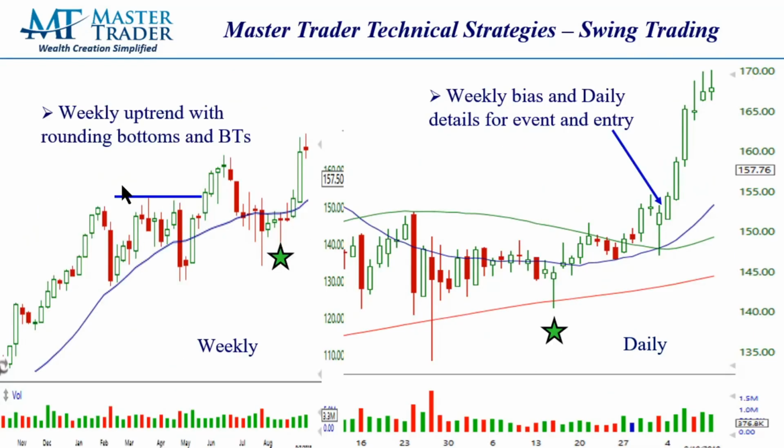Another example, weekly uptrend with rounding bottom and bottoming tail bars, which we have right there. And you can see it here. Now this is pretty whippy price action, and you can see how the 20 MA is intersecting through the middle of prices. At that point in time, we really don't want any part of this. However, as time goes by, things begin to change.